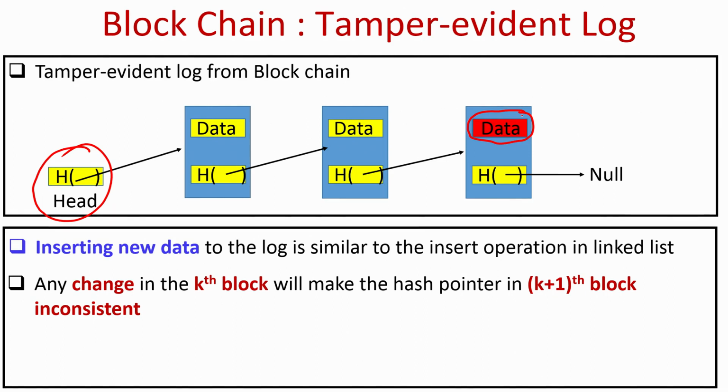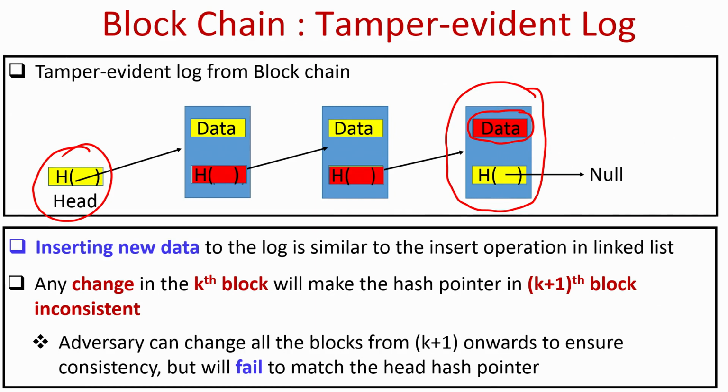Imagine he changed the contents of the data block in the third node. As soon as he changes it, this node is going to be a new node. That means the binary content will differ, and to make it consistent he has to change the hash pointer here, namely the hash value. As soon as he changes the hash value in the second node, the binary content of node 2 as a whole becomes different.